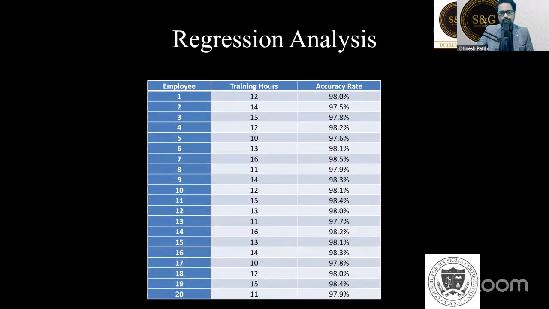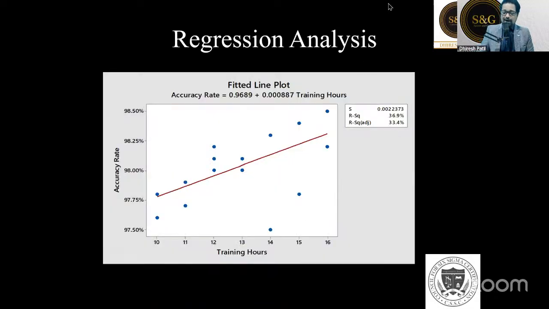The data looks like this. These are the employees with their training hours and accuracy data, and now they put that data into regression analysis. All right, this is a regression analysis. Just check out this R square value. If it is between 0 and maybe 33%, it is a very low relationship.